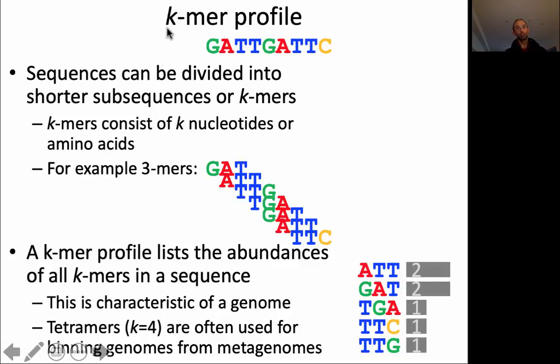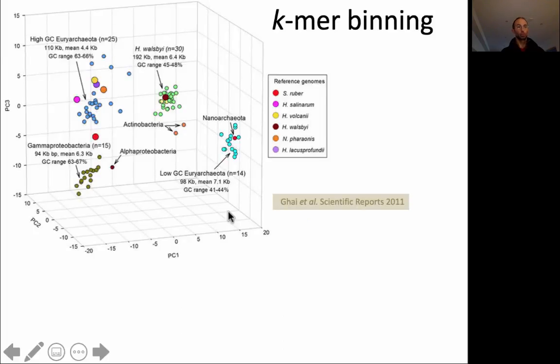The length of k that is often used in metagenomic binning is 4. These are called tetramers or tetranucleotides, and such a profile is sometimes called a tetranucleotide frequency profile, or TNF. If you plot such a tetranucleotide frequency profile in a PCA plot, a principal component plot, you see that contigs, where each of the little dots is a contig, from the same bacterial or archaeal genome cluster together in this multidimensional space.